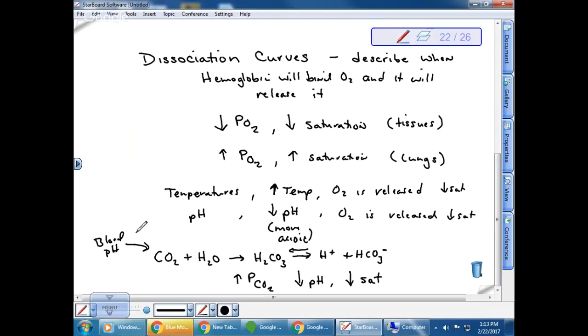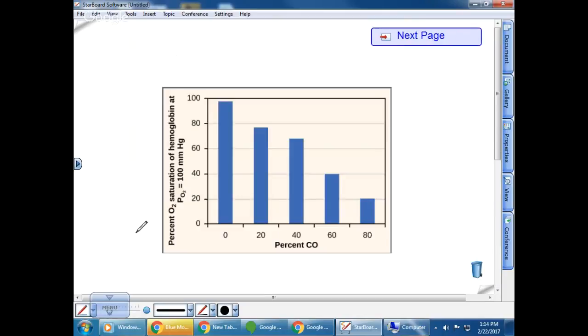Okay, so we also transport carbon dioxide as well. So this just shows how, if we look at the percent of hemoglobin saturated, notice that as PCO2 increases, saturation would decrease. Okay, so that's the relationship between those two values.